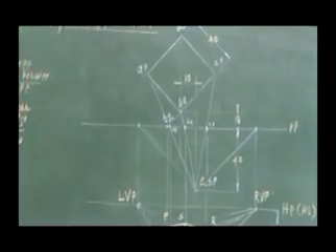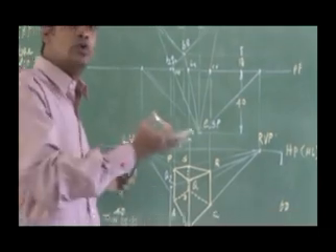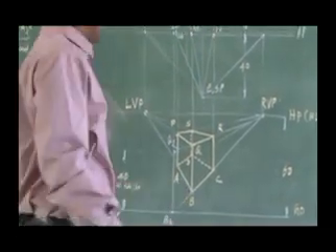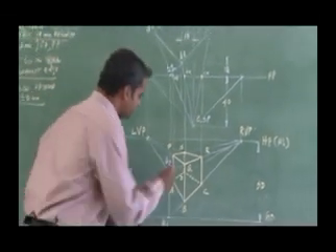So here, this is more realistic since I have two vanishing points. One face is vanishing to the right side, another face is vanishing to the left side.